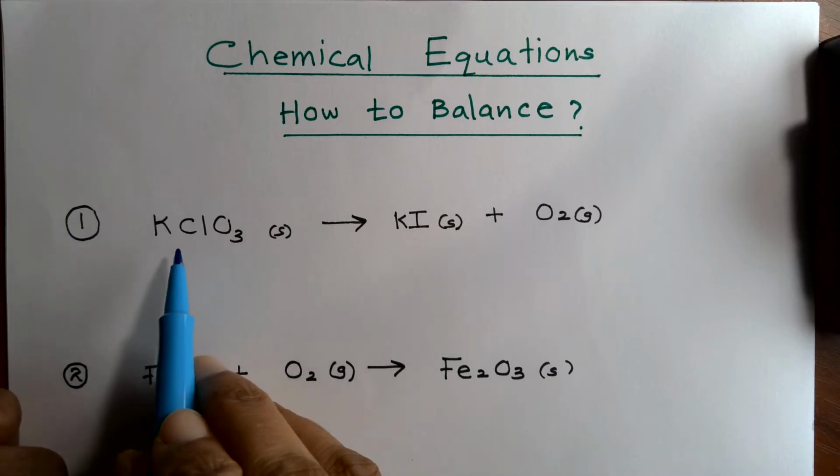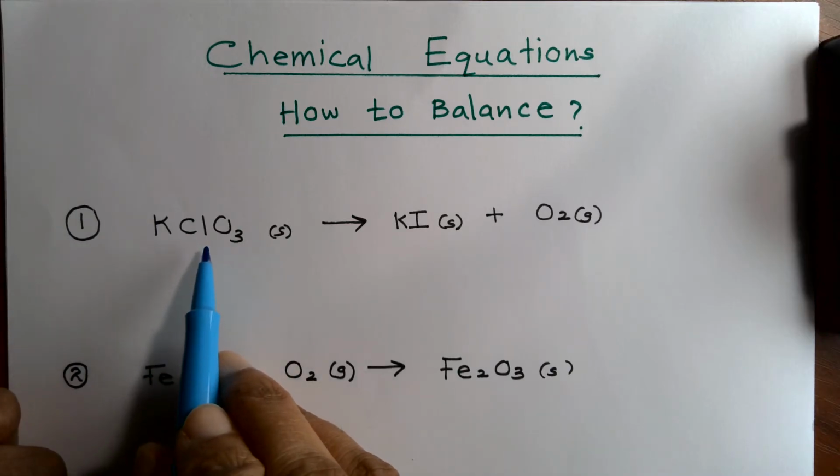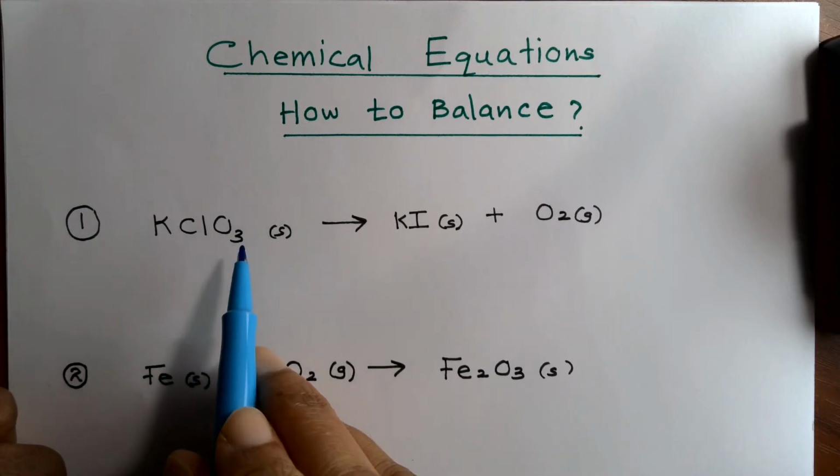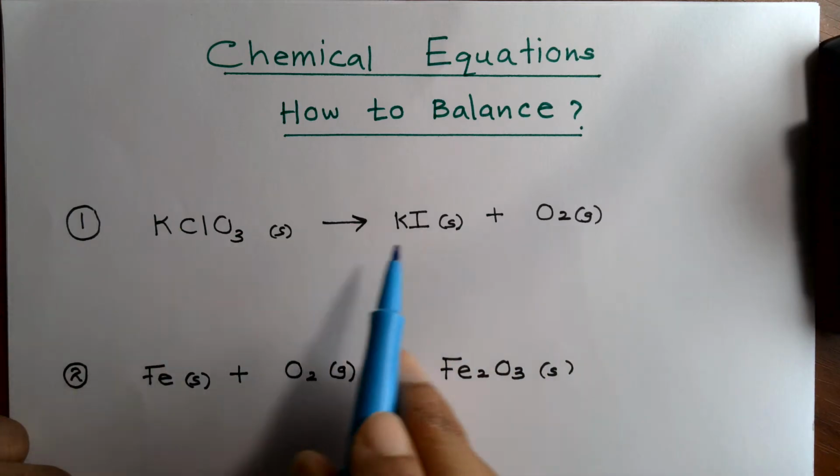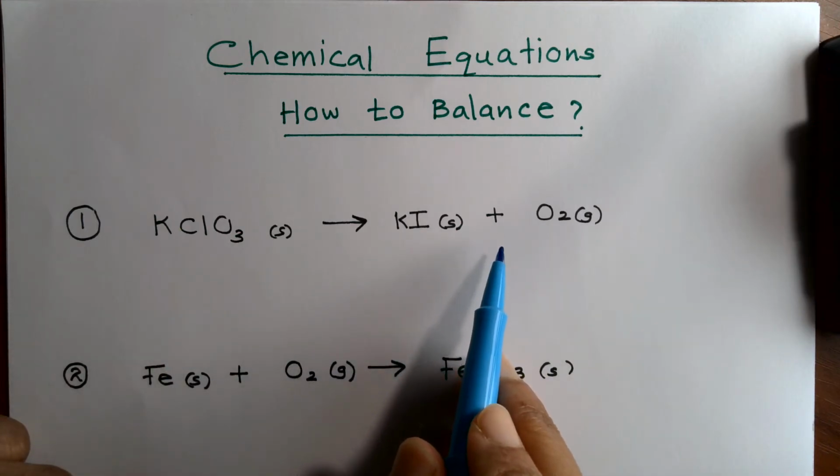Reaction 1. This is potassium chlorate. Potassium chlorate is a chemical we used to produce oxygen in the laboratory scale. So if we heat potassium chlorate with a small amount of manganese dioxide as a catalyst, we can generate oxygen. So let's see how we can balance this equation.